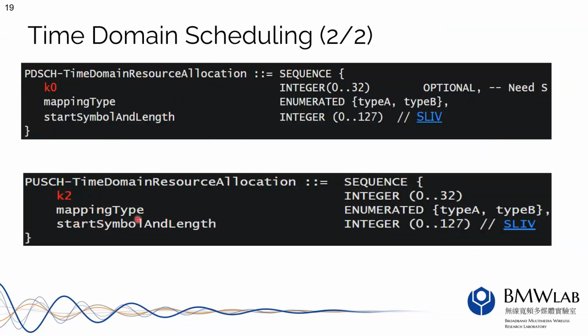You can see the PUSCH contains the K2 we just mentioned before, and it also defines the start symbol and the length of the data in this field. It's also called SLIV. So these are the parameters regarding the time domain resource allocation.